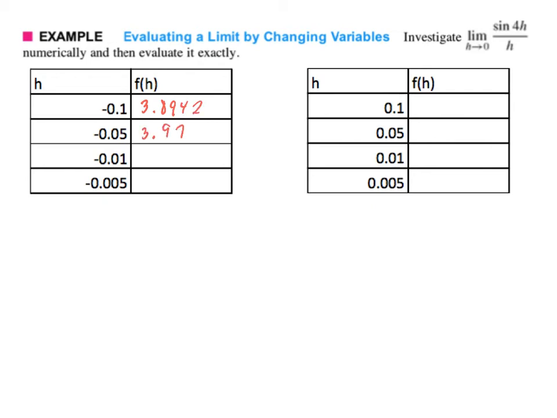Graphing calculator, table of values. And we can see that on the left, as we get closer and closer to 0, the output gets closer and closer to 4.